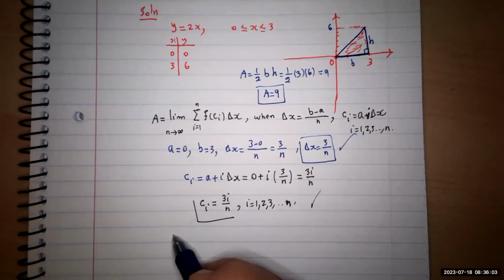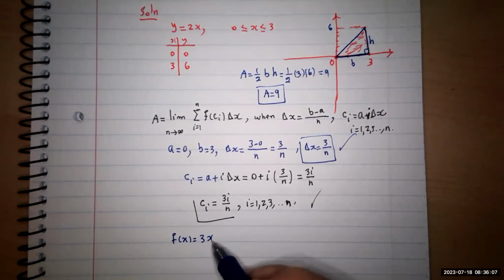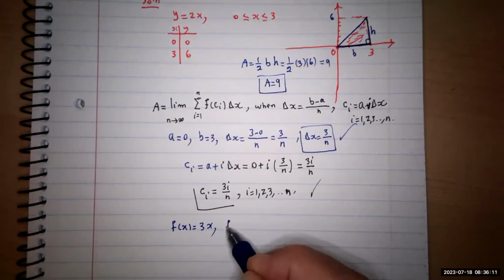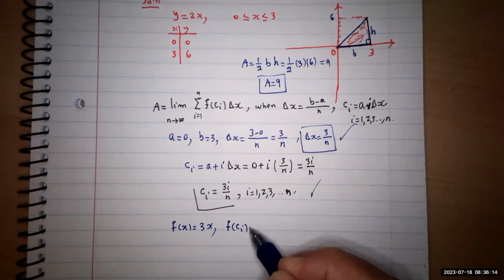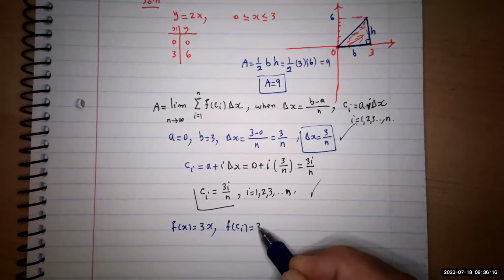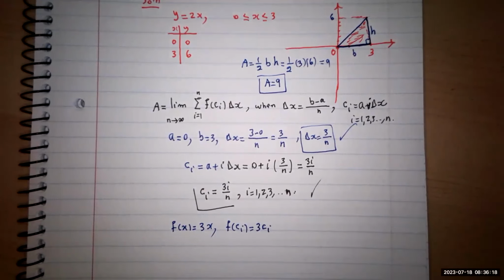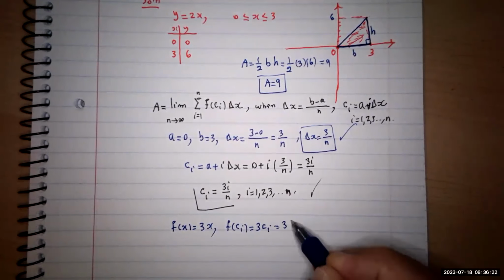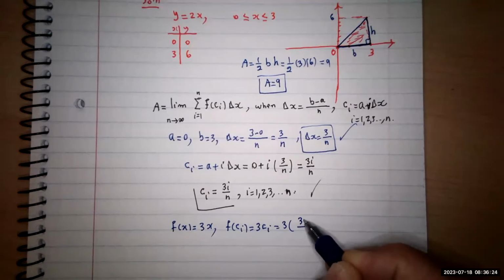Now we start with f of x. f of x is the function, 3x. Then you would like to find f of ci. So you replace the x by ci, so that gives you 3ci. But you do have the ci. Your ci is 3i over n.